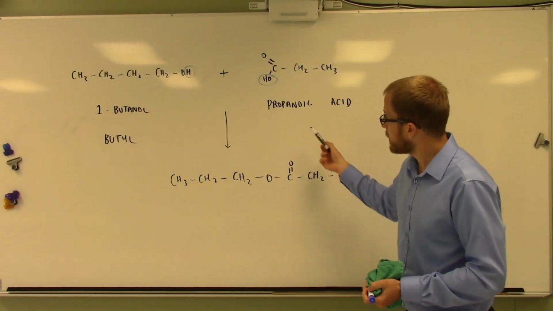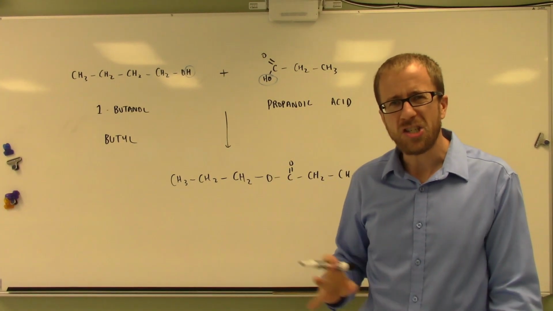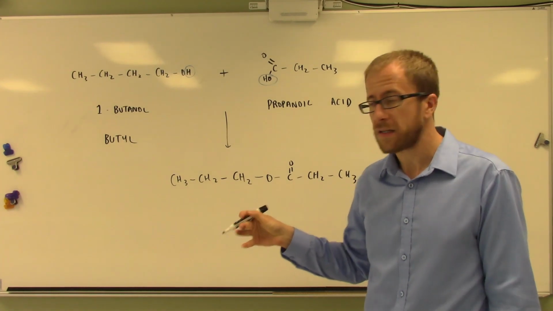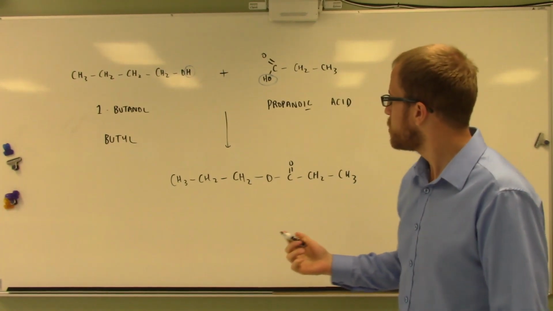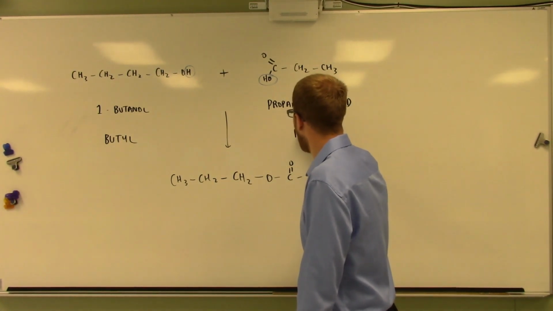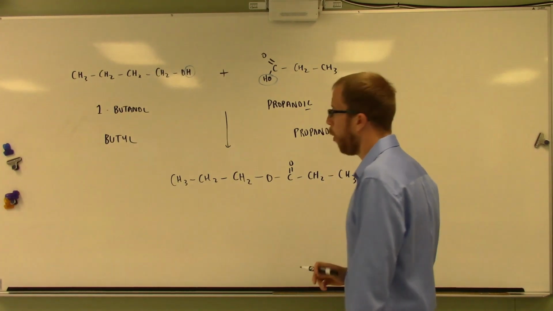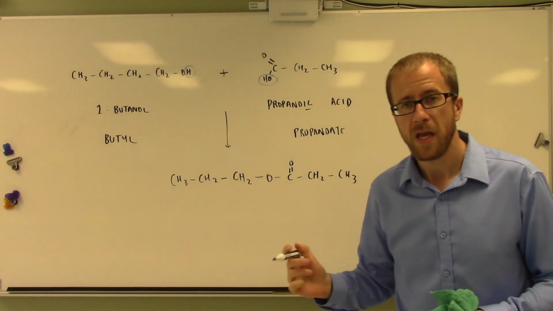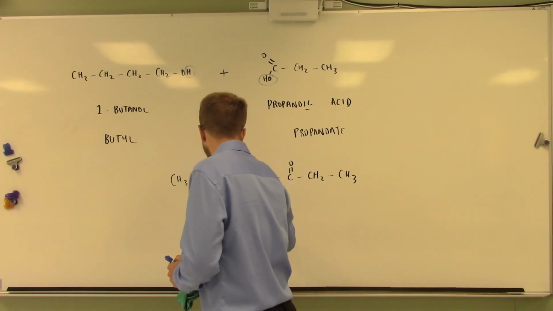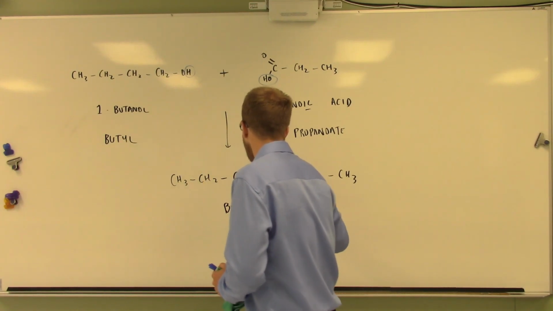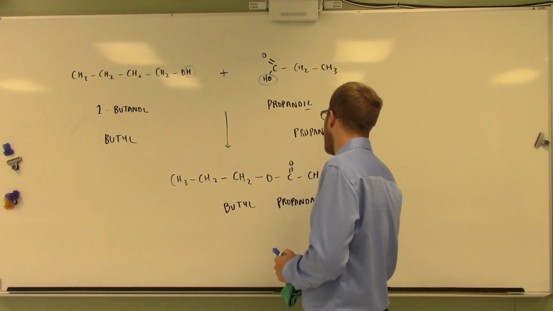And we are going to take our acid name, propanoic acid, and change the suffix from ic to ate. So that will be propanoate. So what is the name of our ester? Our ester is called butyl propanoate.